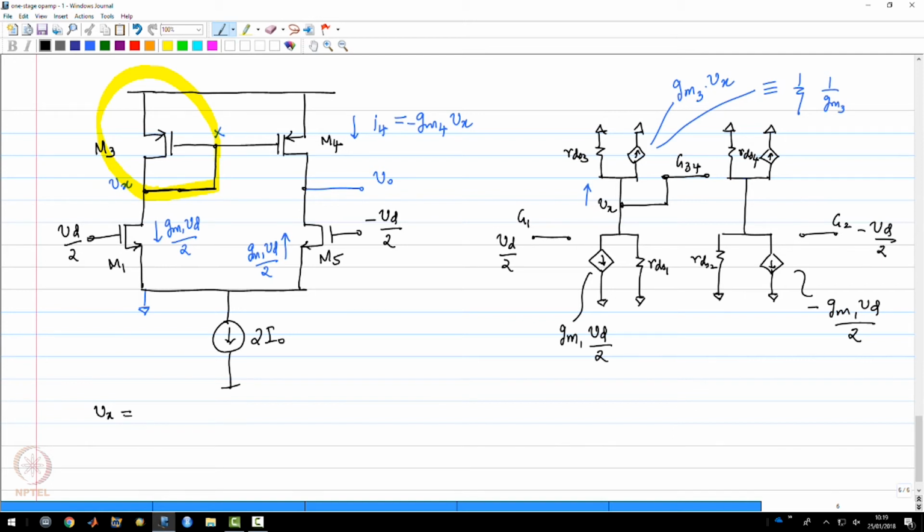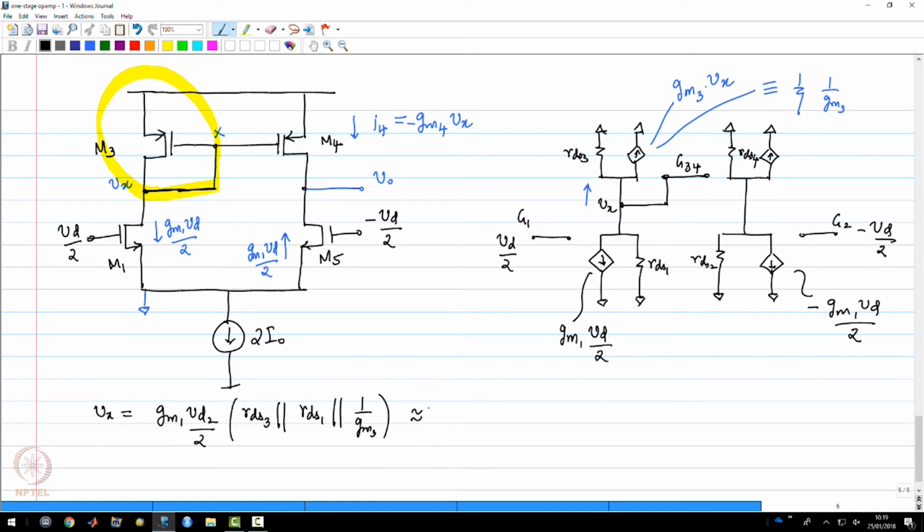Vx, of course, should be the current Gm1 Vd by 2 flowing into the parallel combination of 3 resistors, which are RDS3 in parallel with RDS1 in parallel with 1 over Gm3.